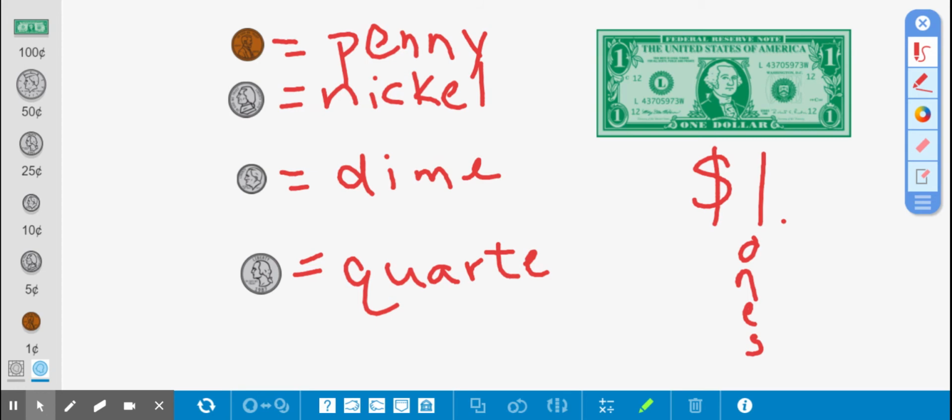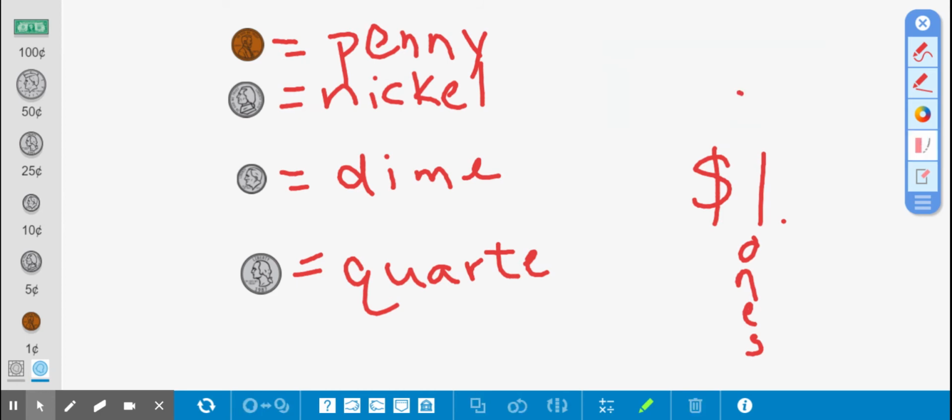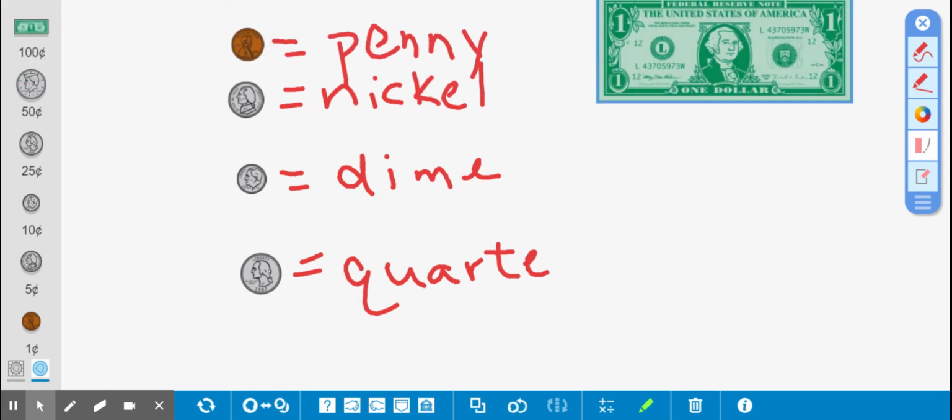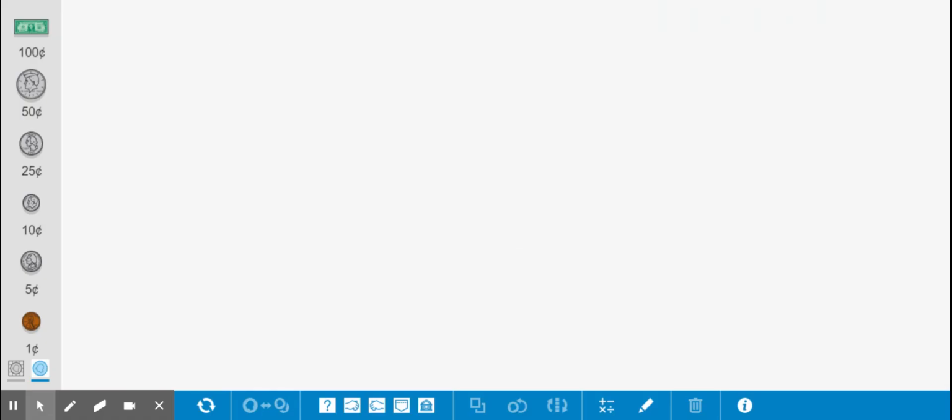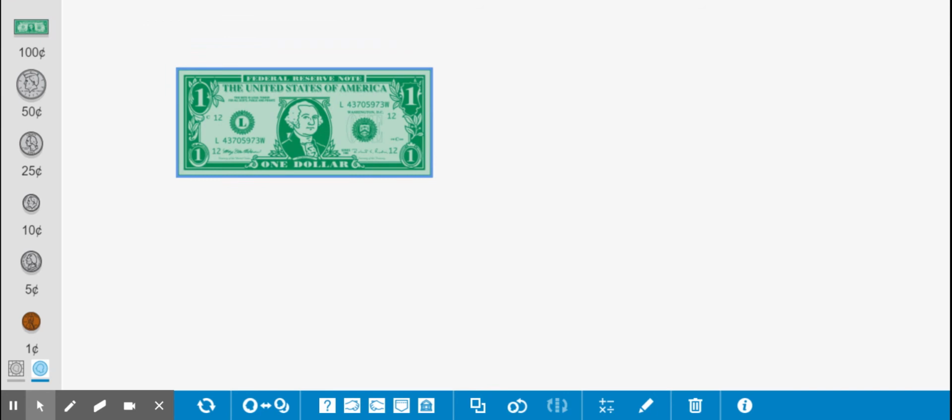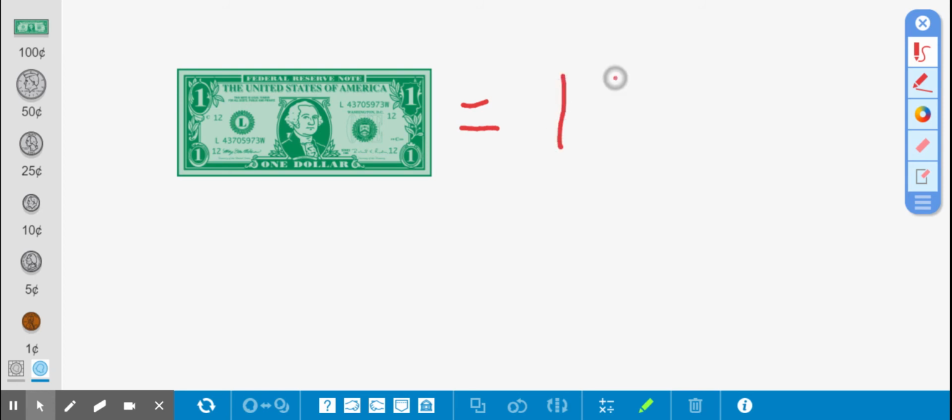if we wanted change for a dollar bill, let me get rid of our dollar now. If we had a dollar bill, we would get, once again, a dollar bill is equal to 100 pennies, right?